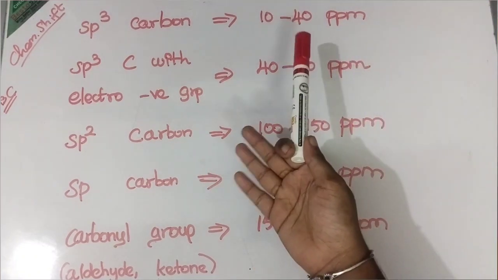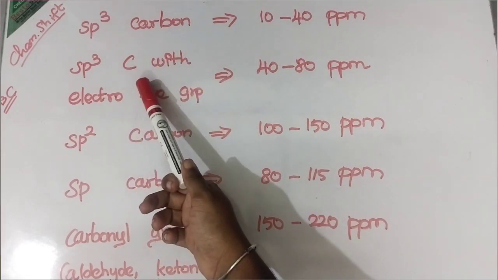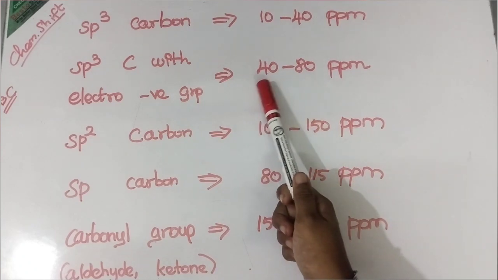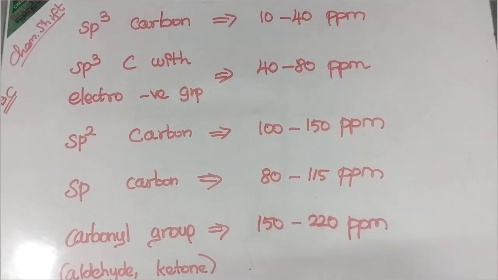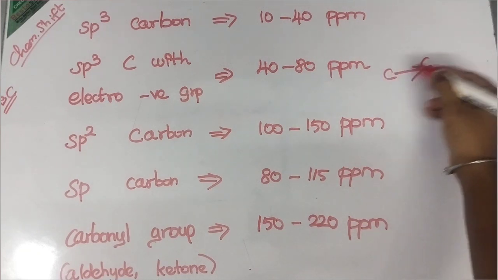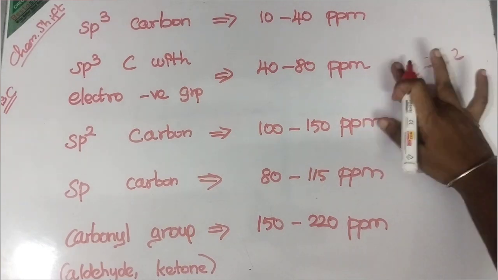But if the sp3 carbon is attached to an electronegative group, then see here, the value will be higher, 40 to 80 ppm. Because I have told you the concept: if an electronegative group is present, it will tend to pull the electrons towards itself. Suppose here you are having CH2Cl.